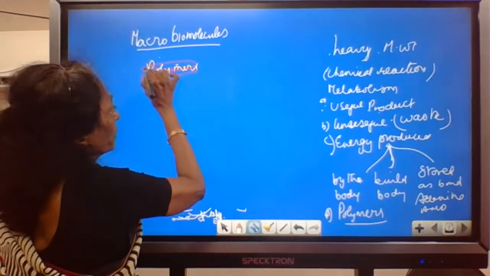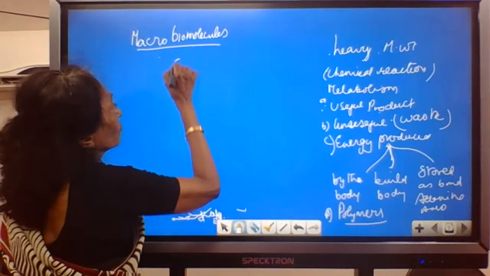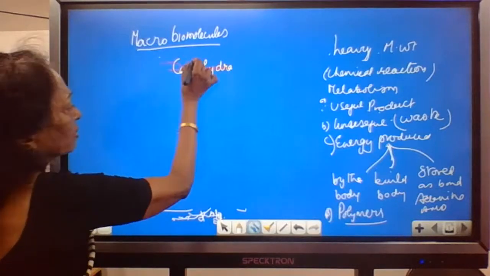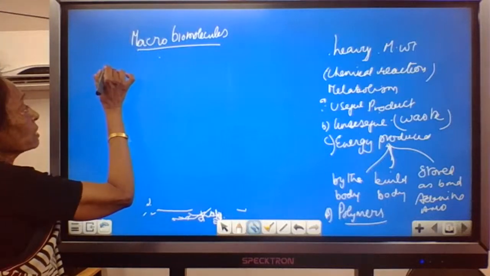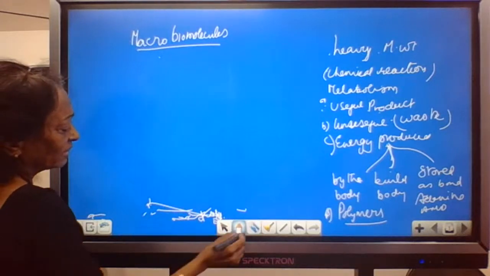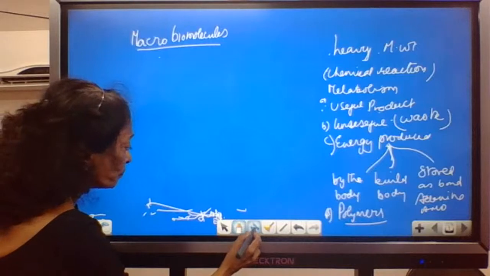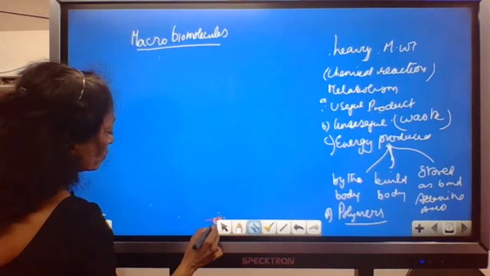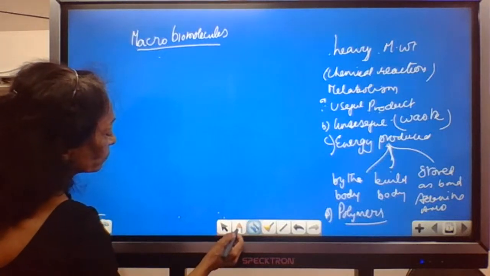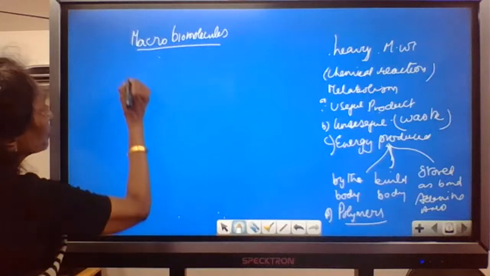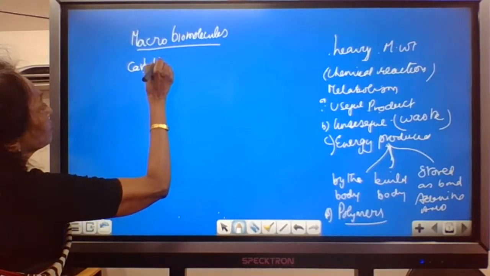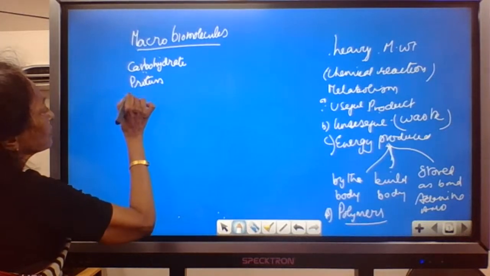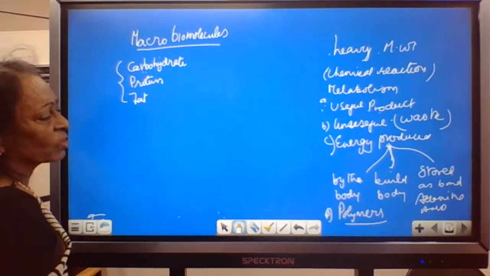The major macromolecules in your body are mainly carbohydrate, then protein, and fat. Now these are the major macrobiomolecules.